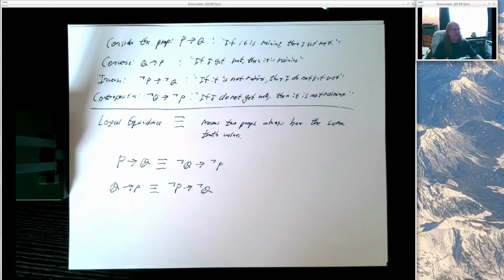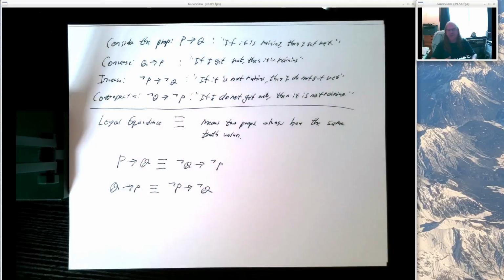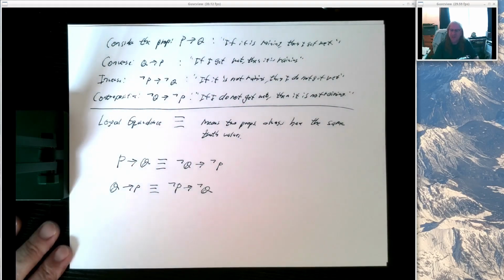Lots of terminology, don't worry too much about it. Put it in your notes, jot it down somewhere where you can refer to these terms and know what they mean. And we're going to use them so much that they'll become second nature eventually. Alright, so again, more ways to create new propositions from old propositions.